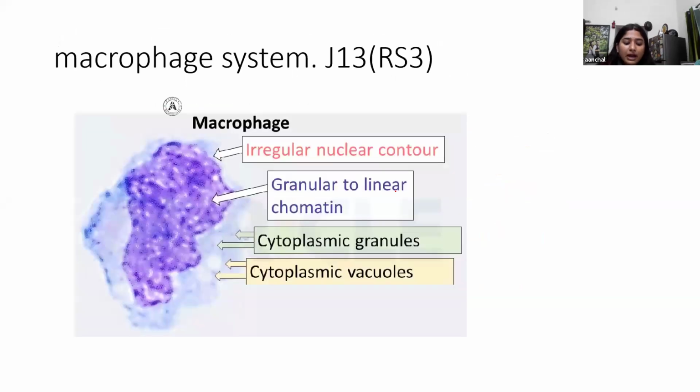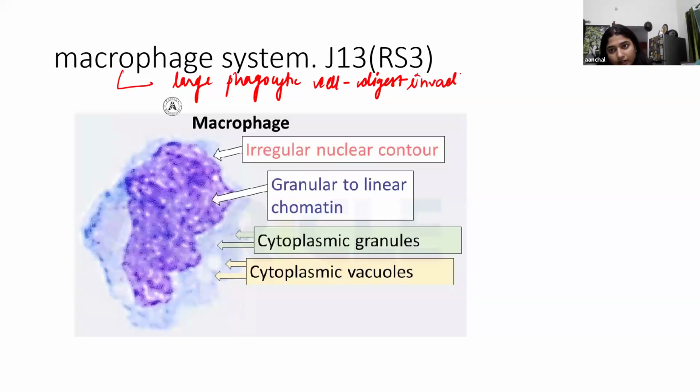Fine. So next we have the macrophage system. We know what macrophages are. Macrophages are large phagocytic cells which digest the invading microorganism to release the antigen, which means they perform the function of phagocytosis.